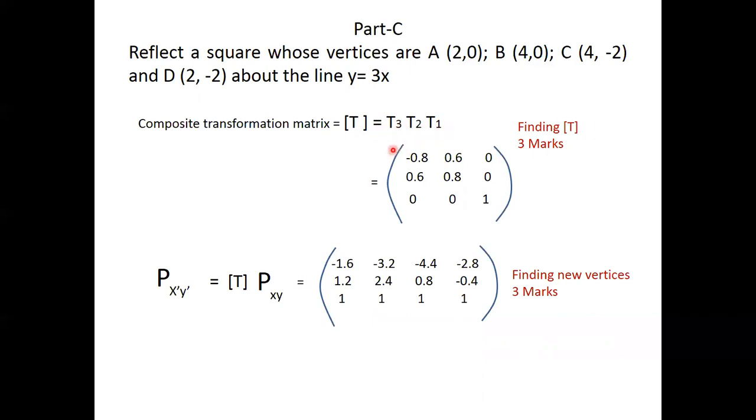Finding this composite transformation matrix carries 3 marks. The new position P' (x', y') is the product of T times P(x, y), the initial position we have expressed. By multiplying these, we get the new coordinates of the reflected square. This is the answer, and getting it carries 3 marks.